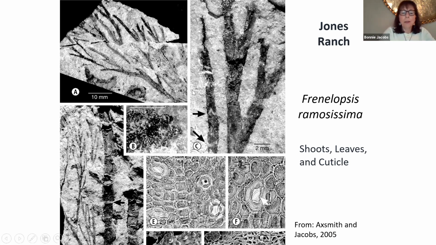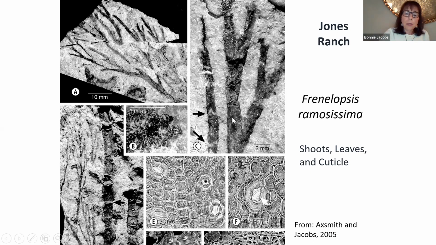This was very, very consolidated. And the surprising thing is that these plant fossils were not replaced by silica like we were talking about before. This is actually organically preserved, somehow locked in to this really solid rock.